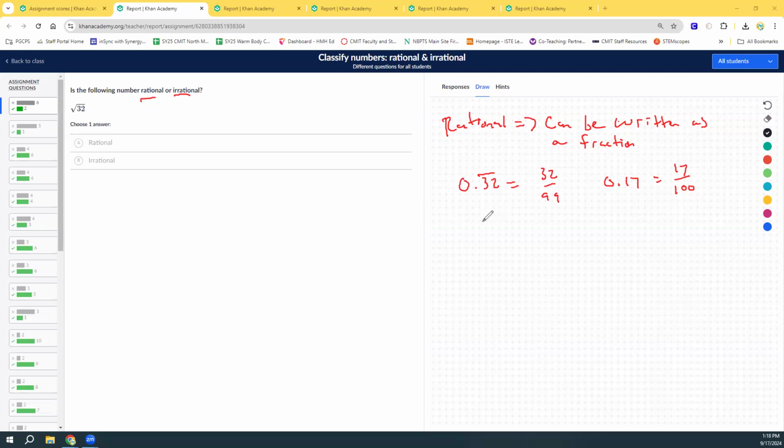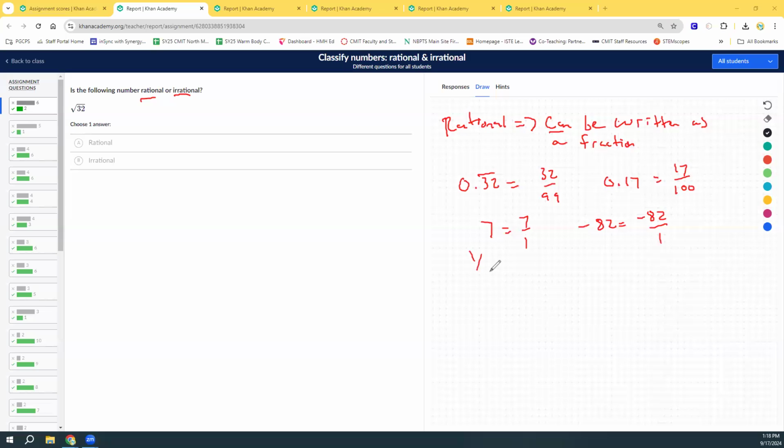But even like 7. 7 is 7 over 1. That's a fraction. That's rational. How about negative 82? That is a rational number because it can be written as a fraction. So it's about could it be, not necessarily is it. But if it is a fraction, then it's a rational number.